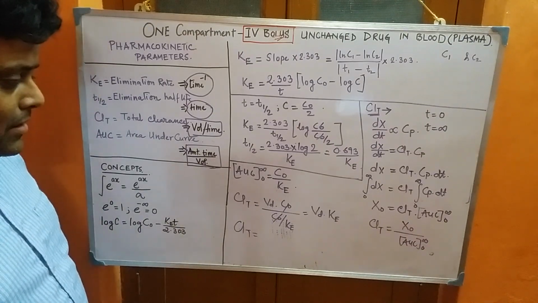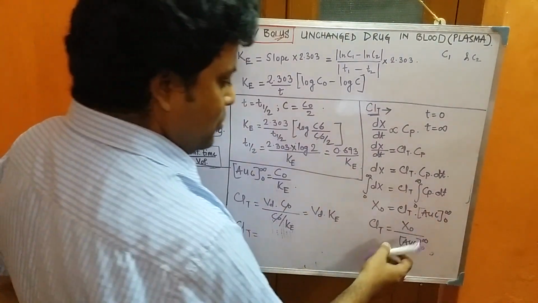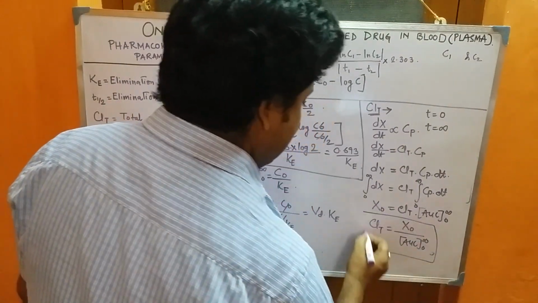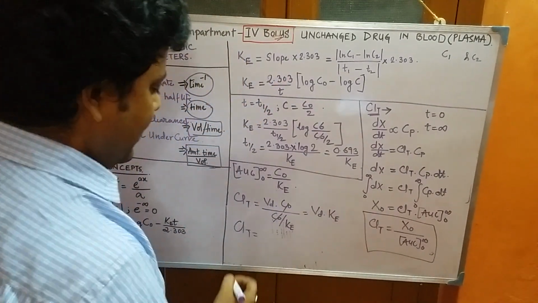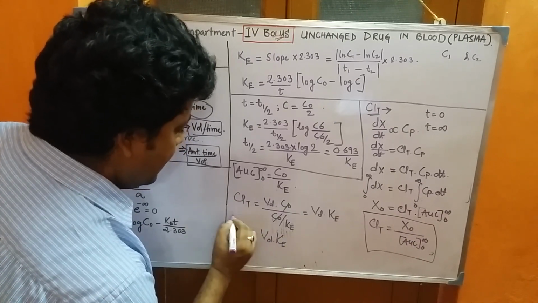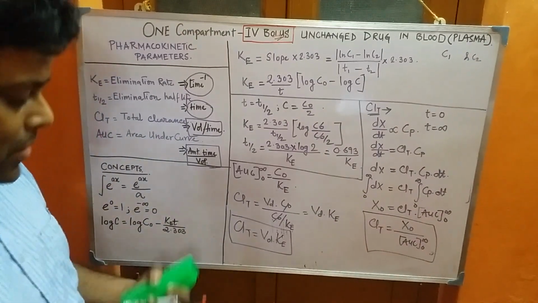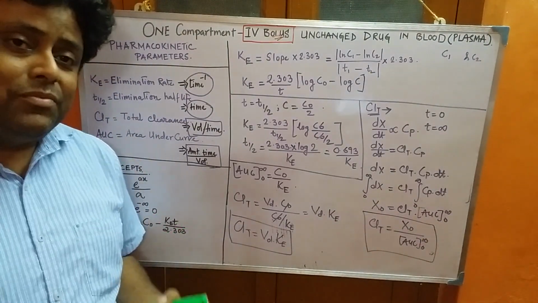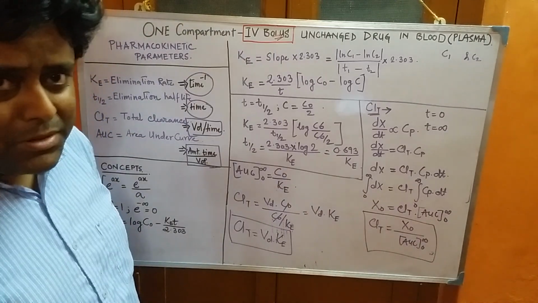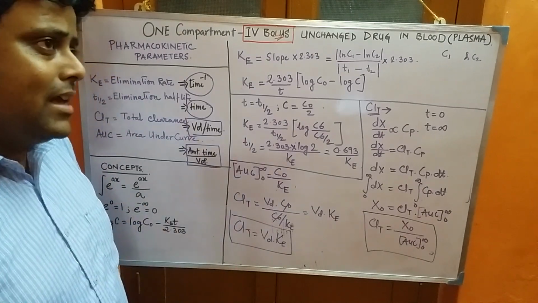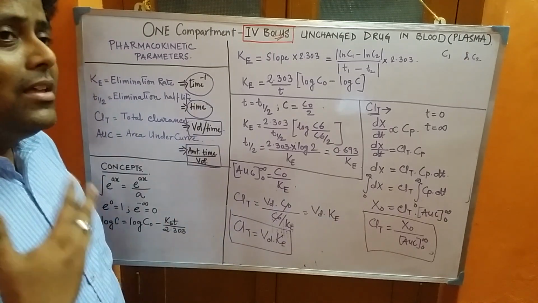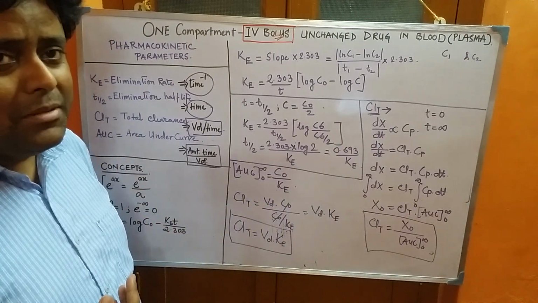You can either show the equation in this pattern, or you can derive the equation directly as total clearance equals Vd into Ke. Any of them you can use. These are the important pharmacokinetic parameters which you should know, and generally for various calculations you have to use this concept.